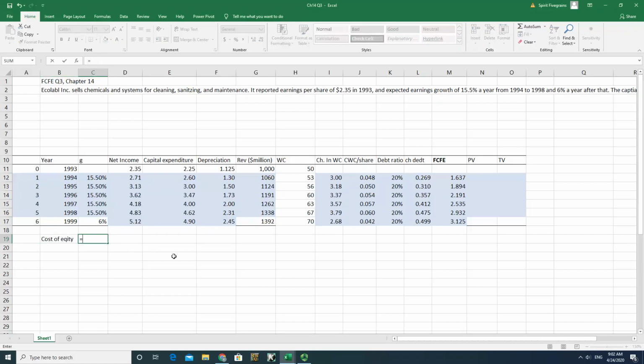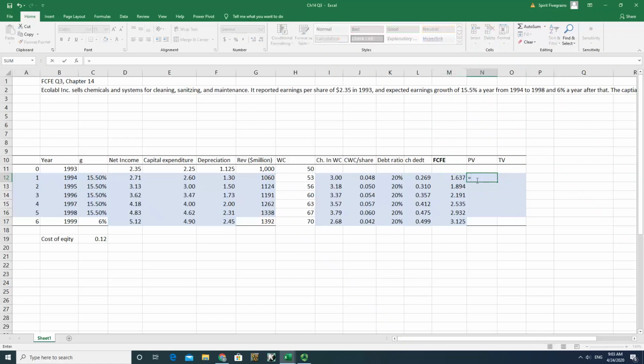Cost of equity equals 6.5% risk-free rate, which is the treasury bond rate, plus beta equal to 1 times the equity risk premium of 5.5%. 1 times 5.5% equals 5.5%. That gives you 12% cost of equity. So this will be the discount rate that you use to discount free cash flow to equity.